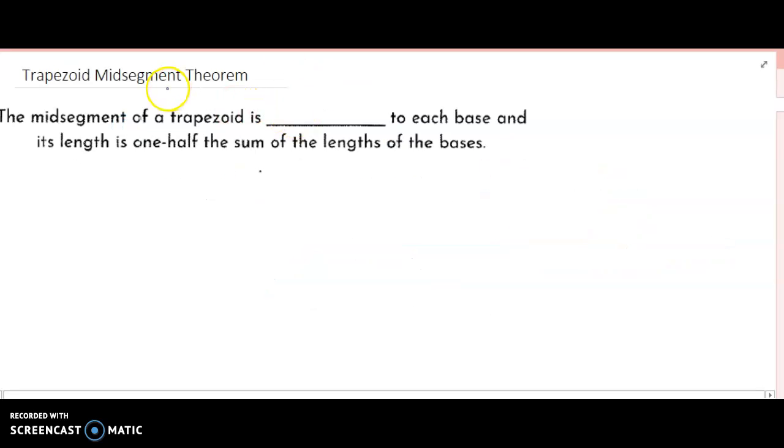All right, the trapezoid midsegment theorem tells us that the midsegment of a trapezoid is parallel to each base, and its length is 1/2 the sum of the lengths of the bases.